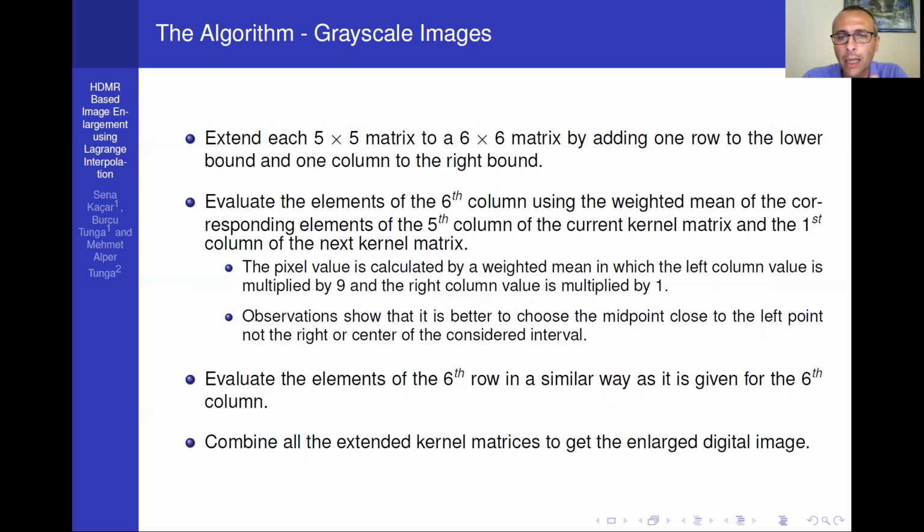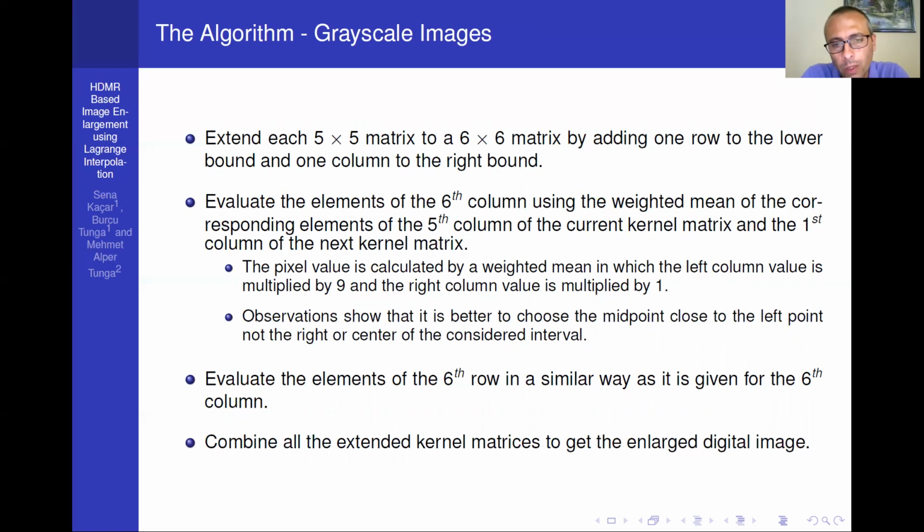We multiply the last column of the current kernel matrix by 9, and we multiply the first column of the next kernel matrix by 1 and then get the weighted mean. We do this because our observations show that it's better to choose the midpoint very close to the left point, not the right or center of the considered interval.